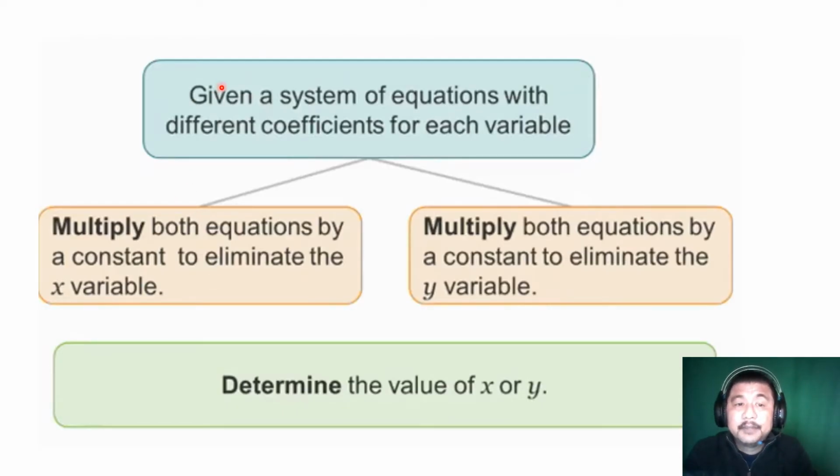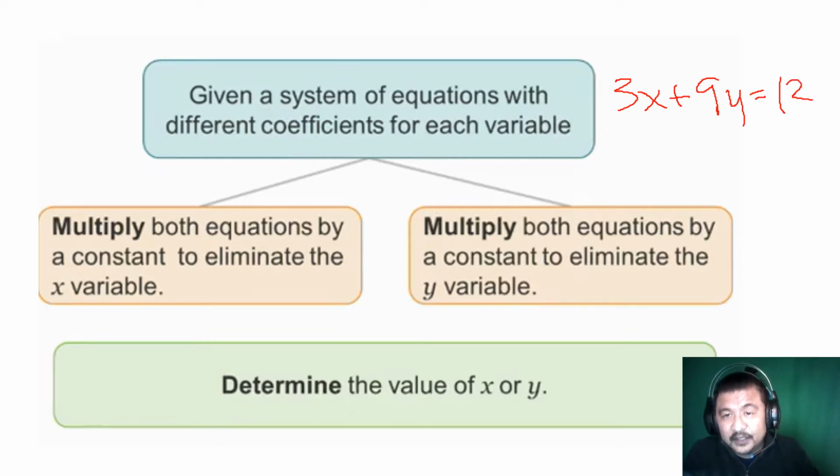Okay. So remember, given a system of equations with different coefficients for each variable, meaning look at this. For example, the first one is 3x plus 9y equals 12. And then the other one is 4x minus 2y equals 18. Look at this. They are different.